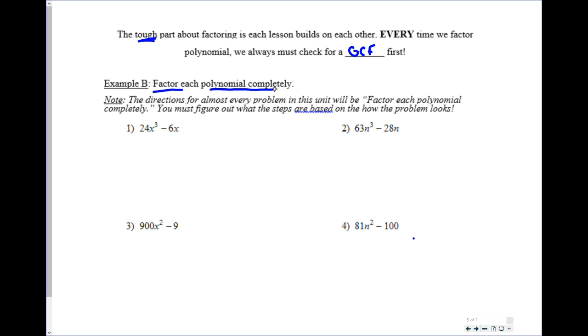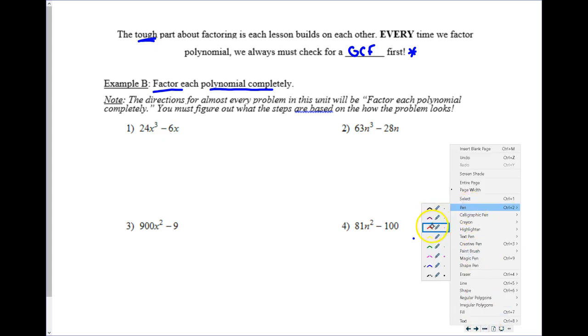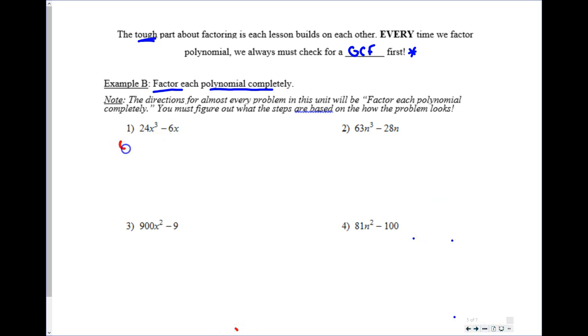So when I look at number 1, I'm going to follow this rule of check for a GCF first. In number 1, is there a GCF between 24 and 6? Yes, I recognize a 2 between them, but I also recognize that 6 is bigger than 2. So I'm going to go ahead and pull that 6 out. When I pull the 6 out, I'm left with 4x to the third minus x.